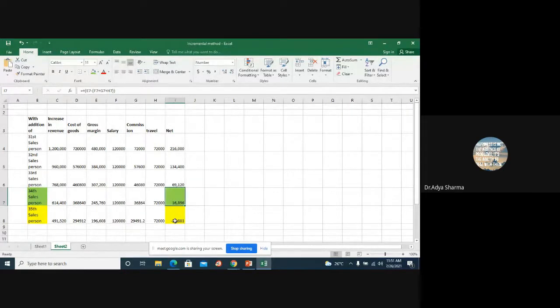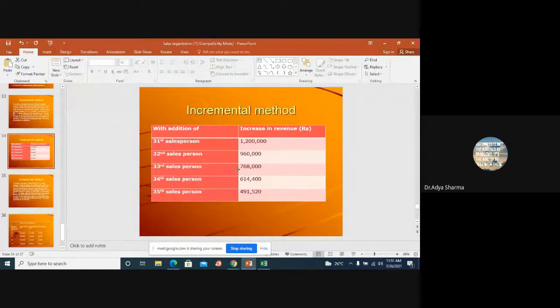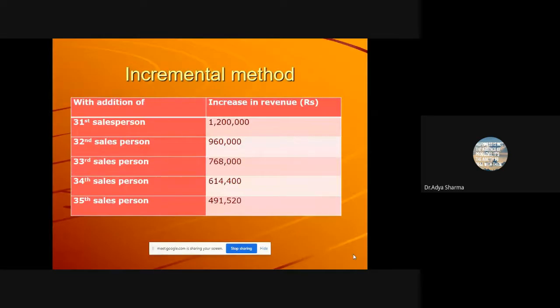The incremental method says that it is important that the contribution made by the salesperson is equal or more than the contribution made by the company. Because do not forget the basic of marketing and sales or business, that we are here to meet the needs of the customer profitably.